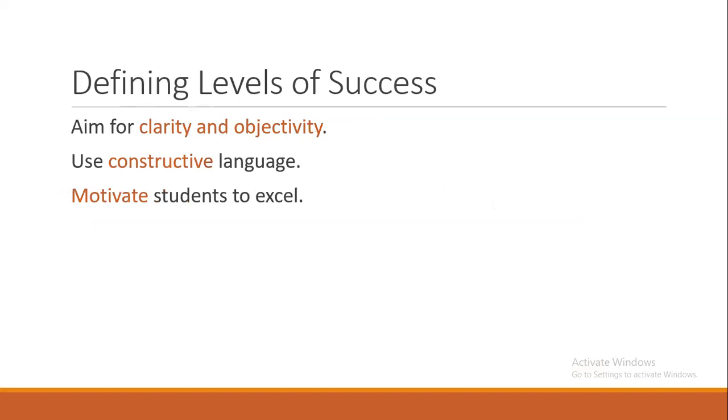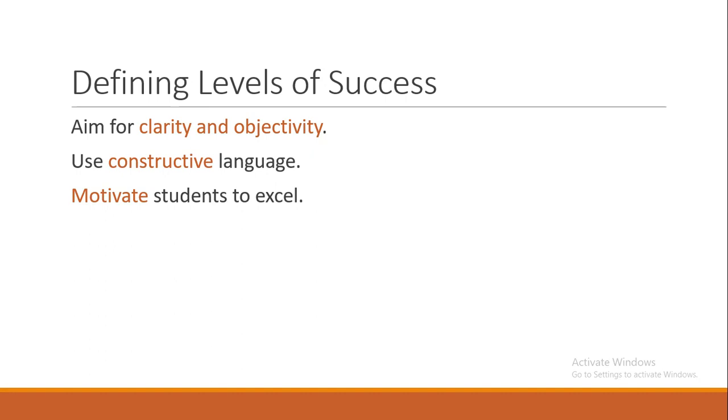For defining levels of success, here are my three goals that I would aim for. One is to aim for clarity and objectivity. So you want students to be able to understand this easily, and you want them to be somewhat objective, so that you're not just saying the style is good, but what is it that makes the style good, right? It's clear or it's easy to understand.